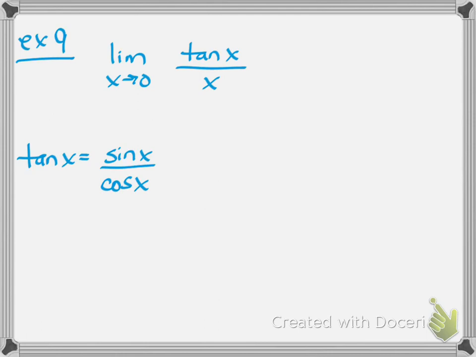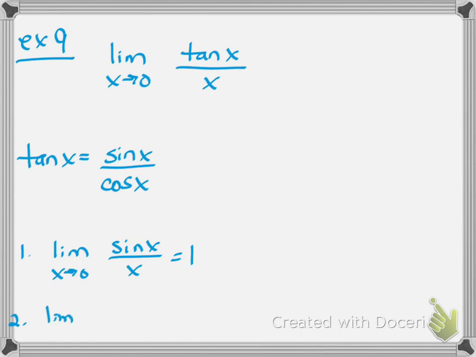So let me just tell you where we're going to try to go. When class ended, we wrote down these two special rules. If you have the limit as x approaches 0 of sine of x over x, you don't have to do any work. It just automatically equals 1.